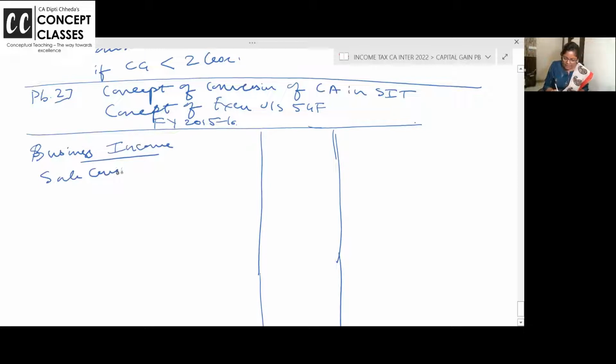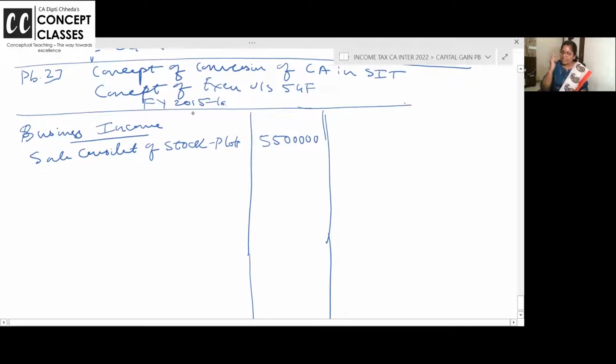Sale consideration of stock plots. You have sold the plots in 55 lakhs. Are you all with me? Why I am doing financial year 15-16 की income पूछा तो नहीं है, but फिर भी कर रहे हैं. Less cost of acquisition. That will be the fair market value on date of conversion.